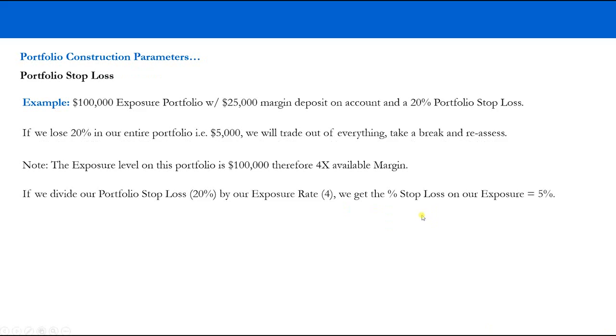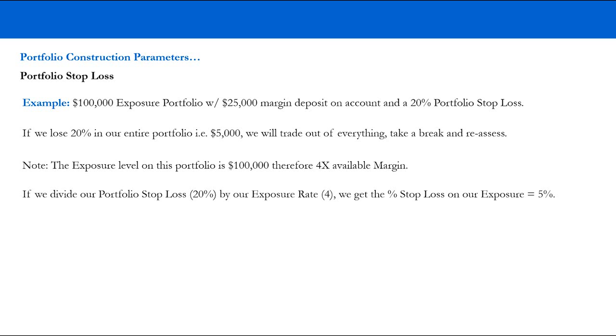Now, on this theme of protecting money as we're making money and building the portfolio, we can also apply portfolio stop losses. So, for example, with our $100,000 exposure portfolio in step 1, with our $25,000 deposited as margin on account, we can have a 20% portfolio stop loss.